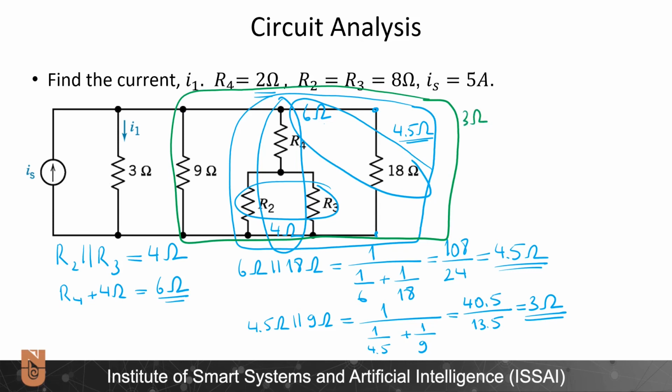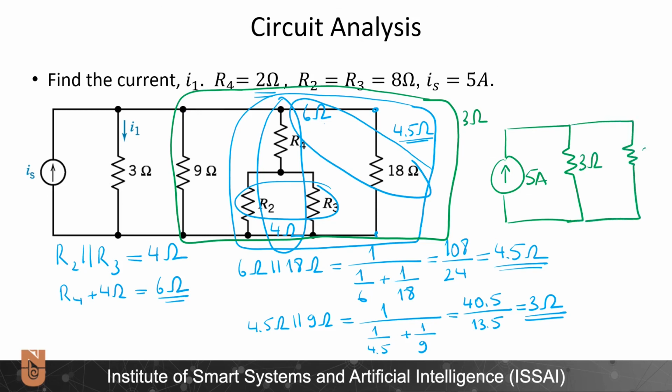So the whole circuit has reduced itself to a single 5 ampere current source and a 3 ohm resistor in parallel with a reduced 3 ohm resistor, and we want to find the current I1. So obviously, since both of these resistors have the same value, the current which will be passing through them will be the same.